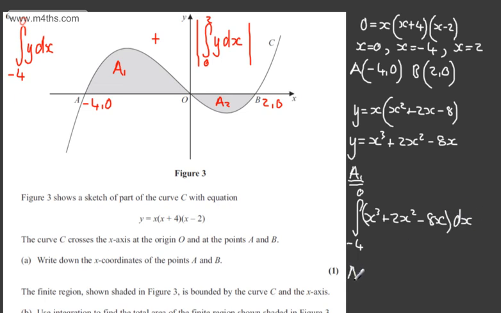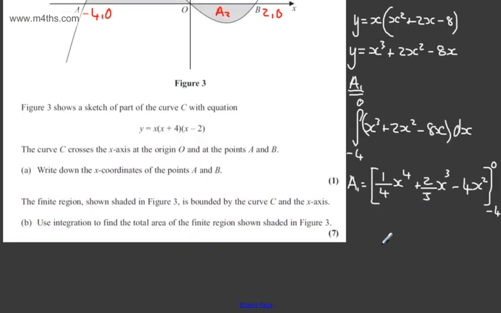So we can say now that the area 1 is going to be, and I'm just going to write this out, 1/4 x to the 4th. I've raised by a power and divided by the new power, so 2/3 x cubed. Raised by a power and divided by the new power, so we're going to have minus 4x squared. We're interested in this now from minus 4 to 0.